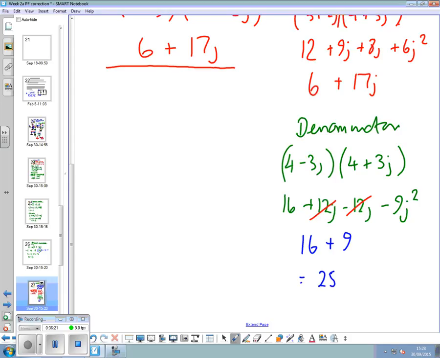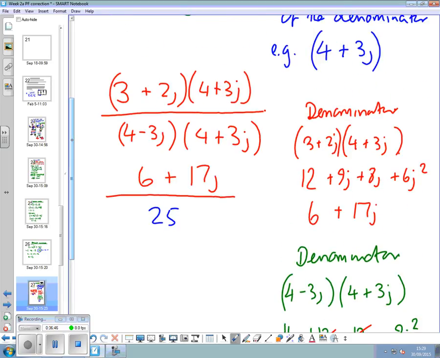So once you get used to this, you can just write that in, because it is always that number squared plus that number squared. And what you've done is you've got rid of the complex j term from the denominator. So that's 25.